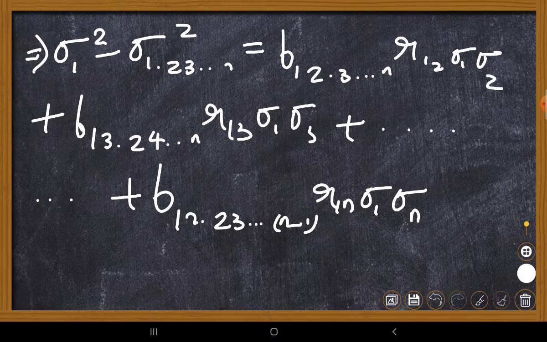now you have to eliminate all the b terms.